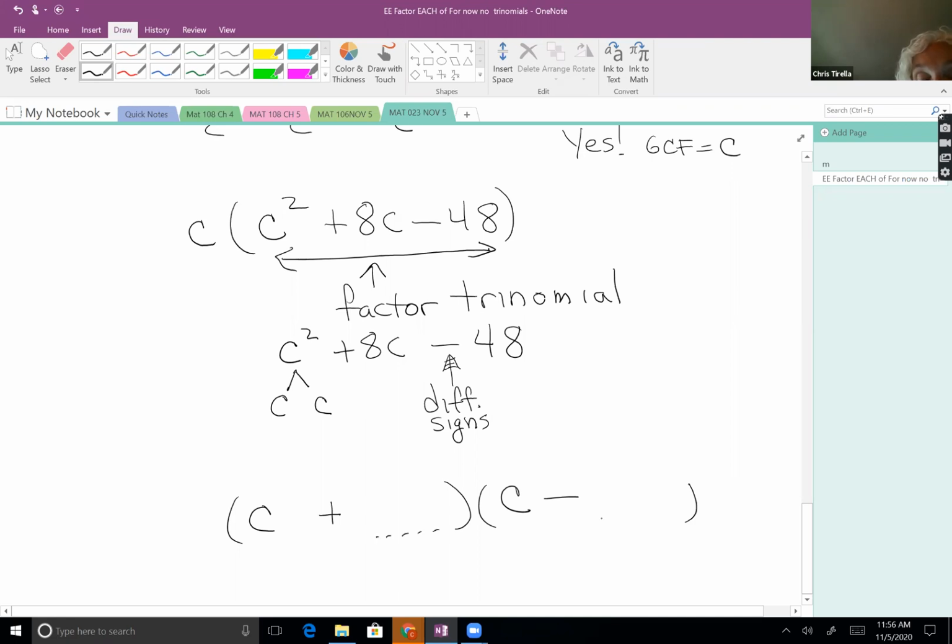And now to fill in these blanks, I'm going to look at the factors of 48. 48 could be 1 times 48, 2 times 24, 3 times 16, 4 times 12, 6 times 8. And again, one's going to be positive and one's going to be negative.